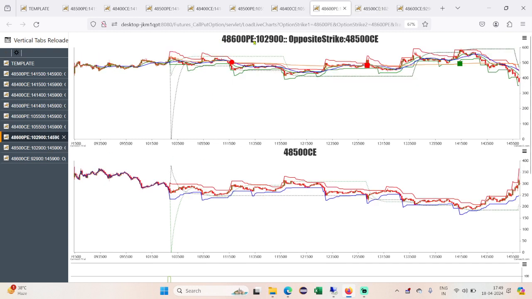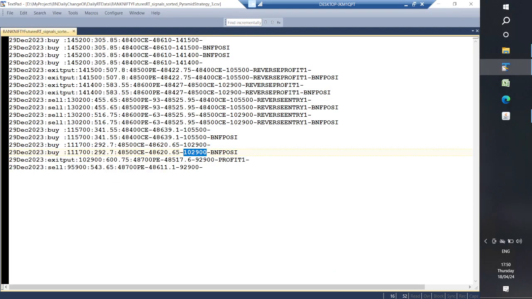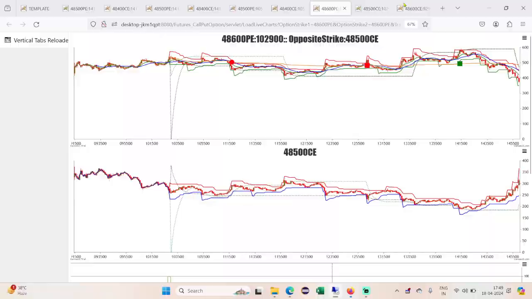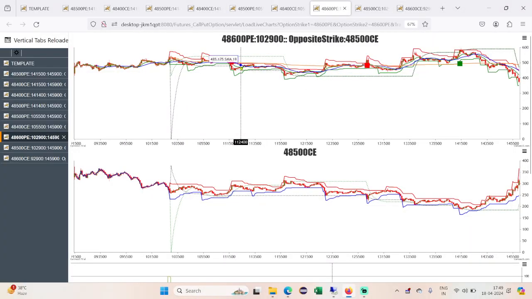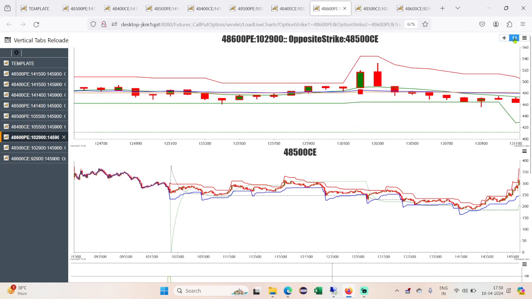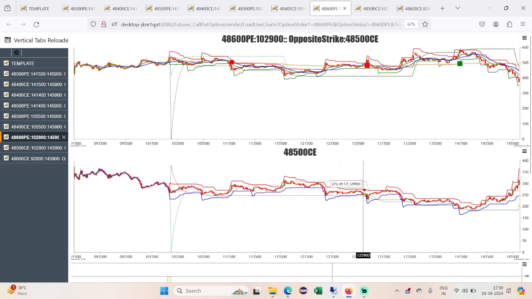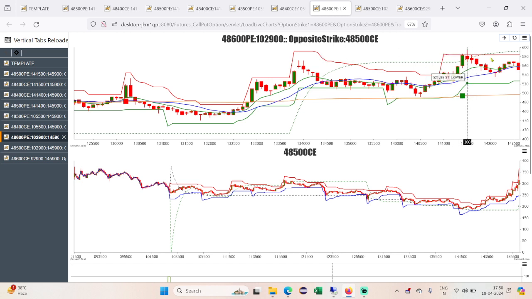See this put option chart, and this is the call option chart. What you are looking at is a buy signal in the call option chart. You see 11:17 is a buy signal, right? 11:17 is the buy signal, and after some time this has generated a reverse entry signal, which means that we'll have to come out of the call option strike position and buy the put option strike position, and in here we will have to grab the 50 points profit.